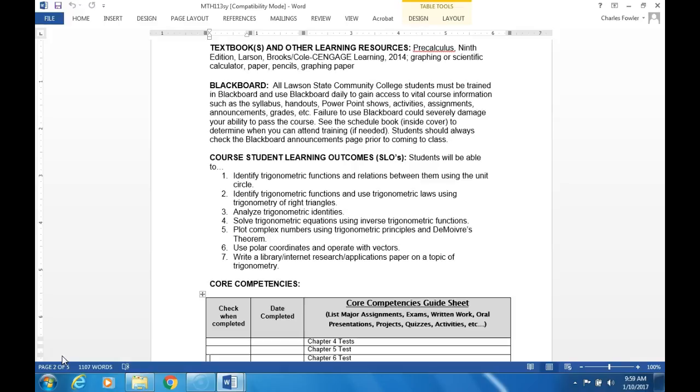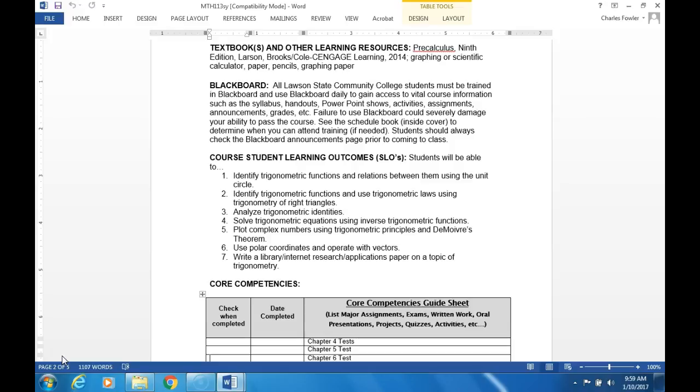All right, now it says graphing or scientific calculator. We will have one portion of one chapter where we do a lot of graphing. You don't have to have a graphing calculator, but most of you, I assume, are probably going on to calculus, yay or nay, okay? You might find those useful for calculus, or you might not. It just depends on you.